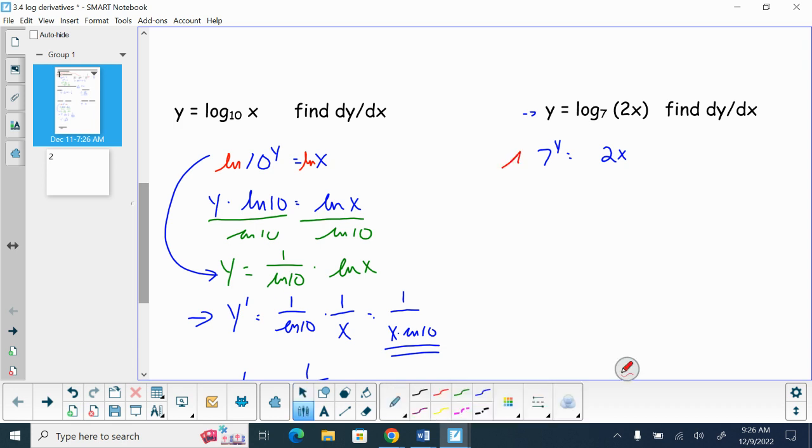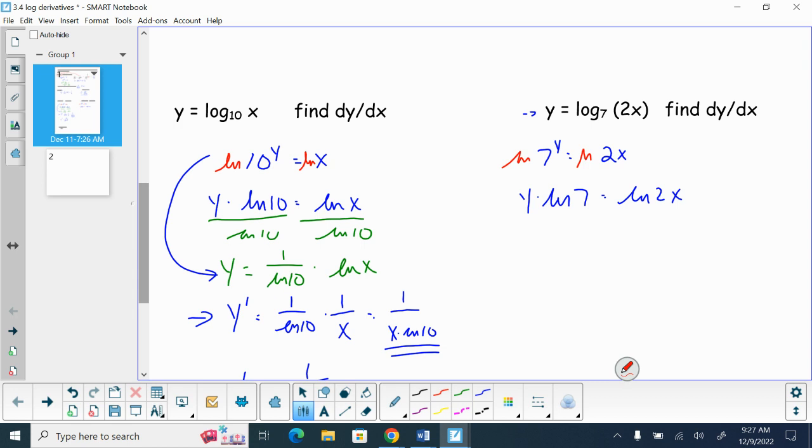Take your y out front. Divide by your ln of 7.